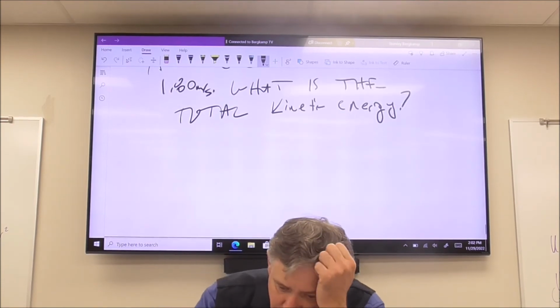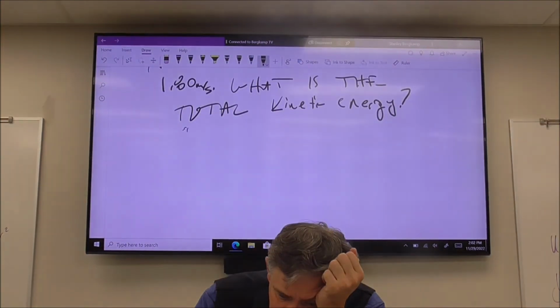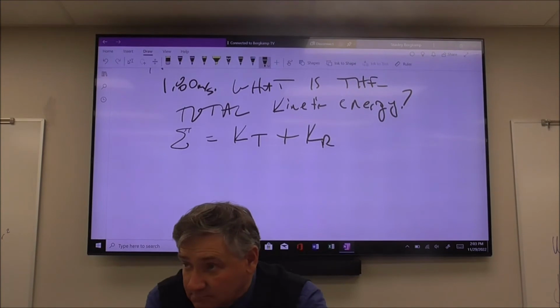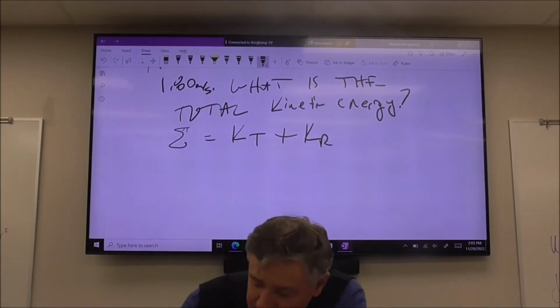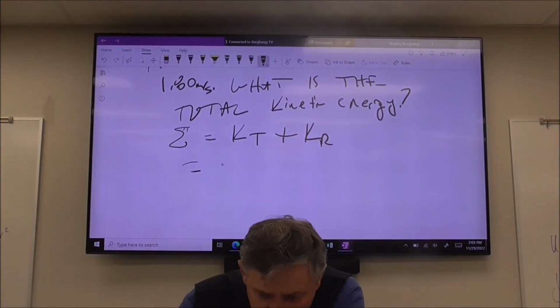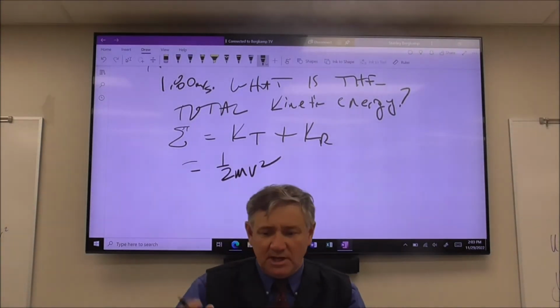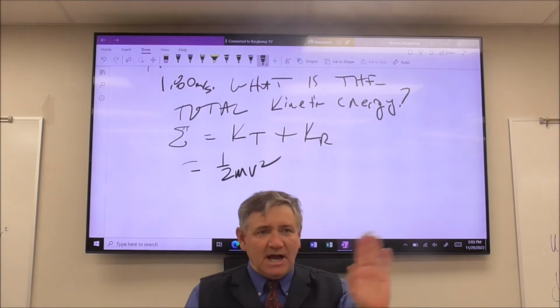So that total energy, the sum of those energies, is going to be my KT plus my KR. So this is going to be 1/2 mv squared, old school, okay? I've got my velocity, I can do that part of it.